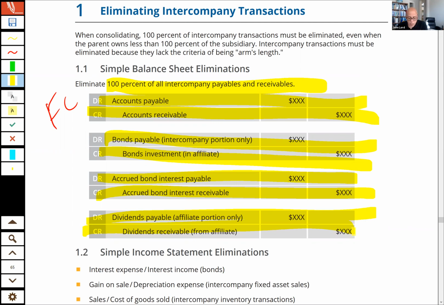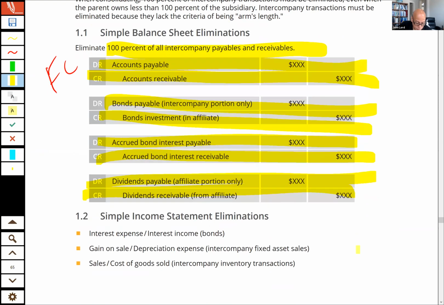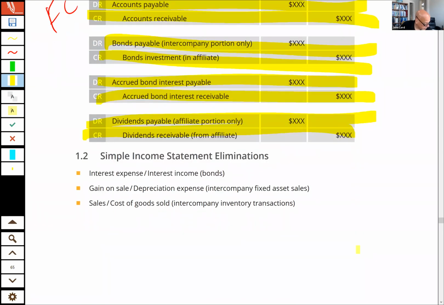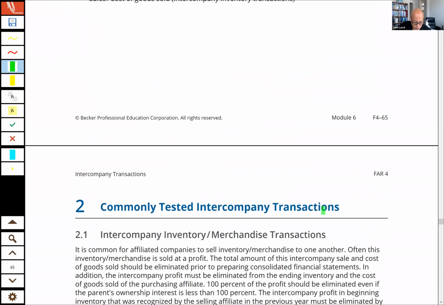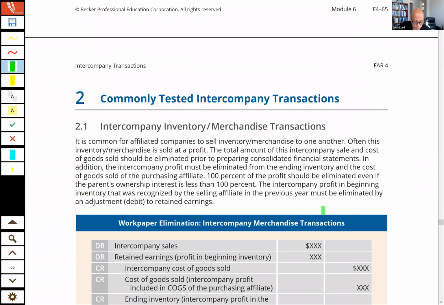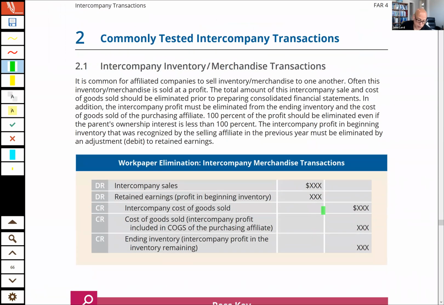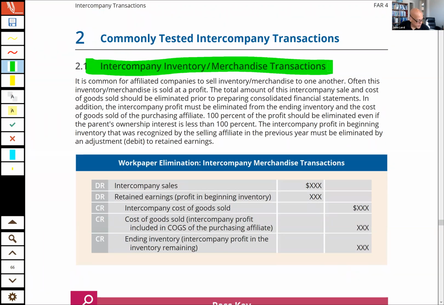Okay, good. Now we talk about simple income statement eliminations. Let's just take a look at some of those, and let's look at what happens with intercompany merchandise transactions.